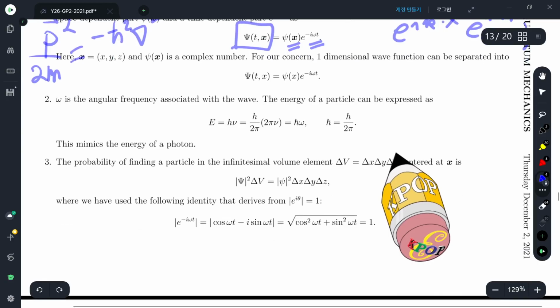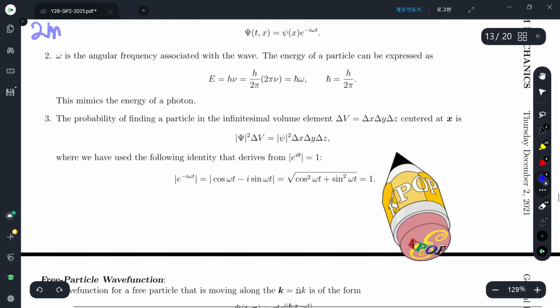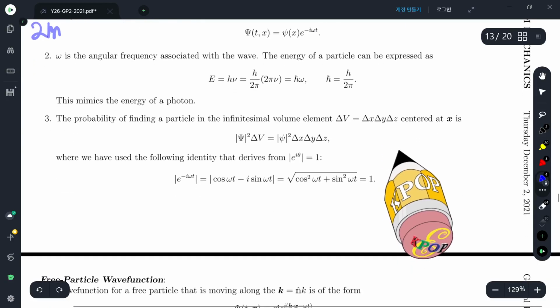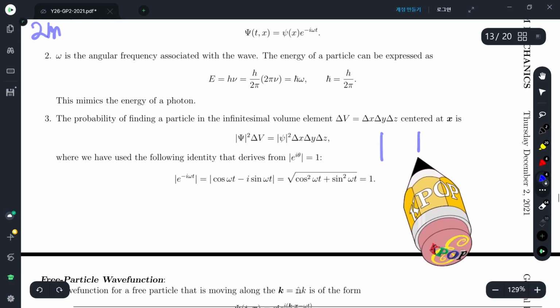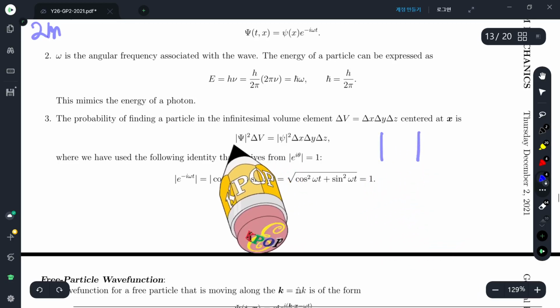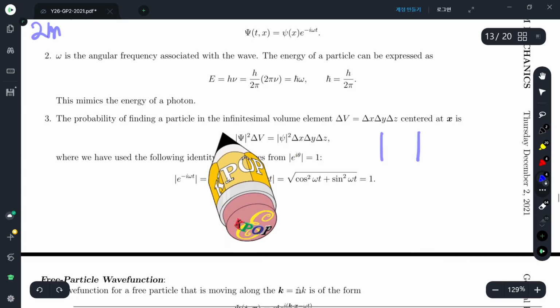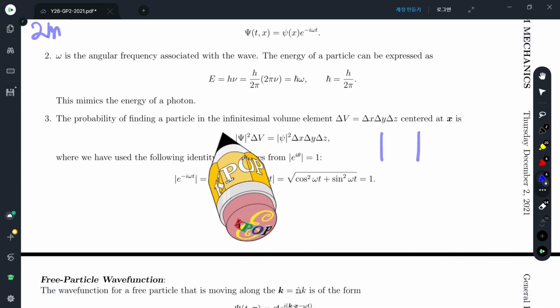All right, and again, the probability of finding a particle is just the wave function squared, and actually this absolute value is not for a real-valued function only. It is in general a complex-valued function.